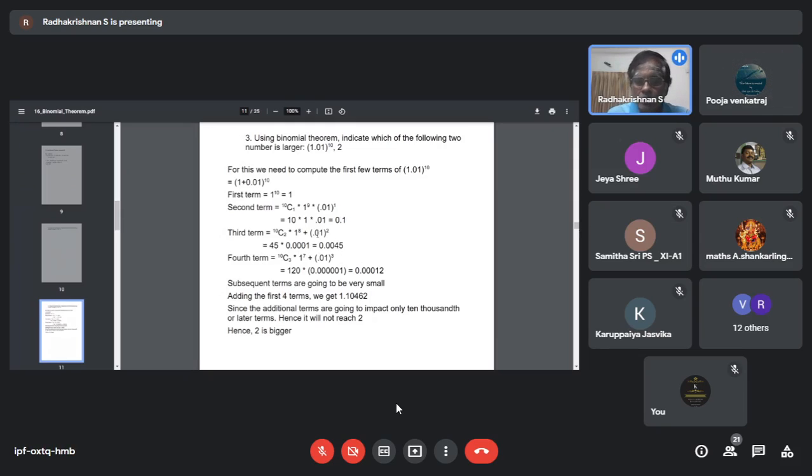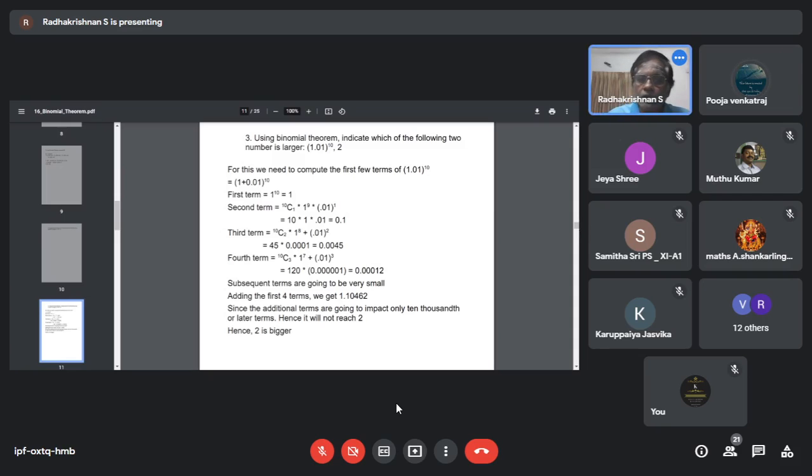Each time it is dropping by a factor of 100 because of this 0.01 power getting added, whereas 10C2 does not increase by that much, only a little. Next term, 45 will become 120, but this term will be 0.000001. The next terms will be even smaller, based on the trend.